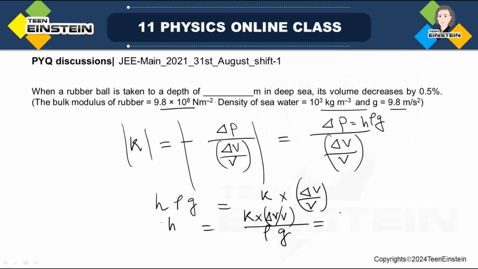Let us put the values. 9.8 into 10 to the power 8. This value is unitless, so this is 0.5 divided by 100.